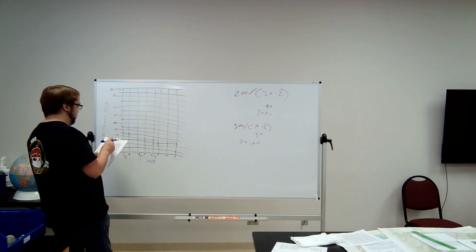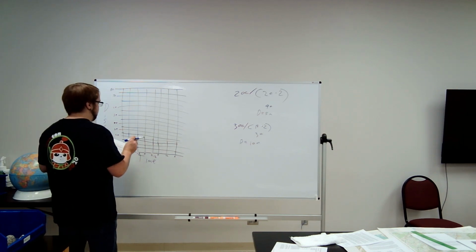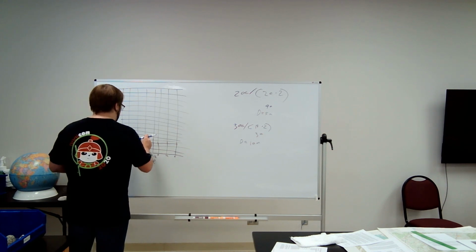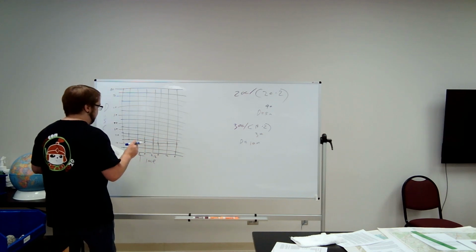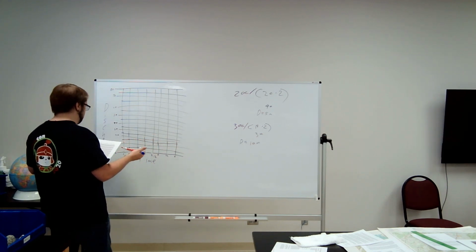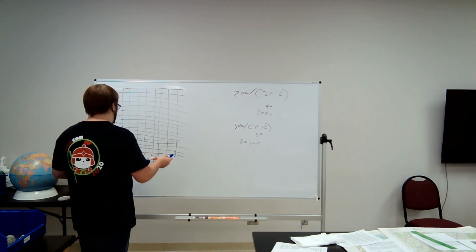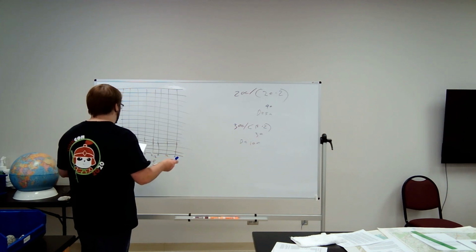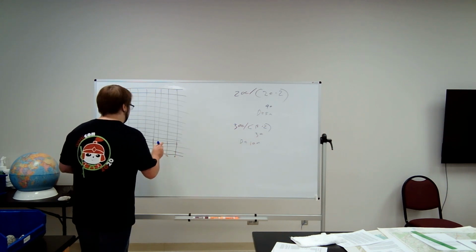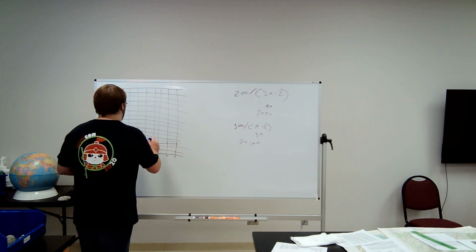Then at midnight it increases to 17. And then Possum Trot almost doubles. Or it does double.